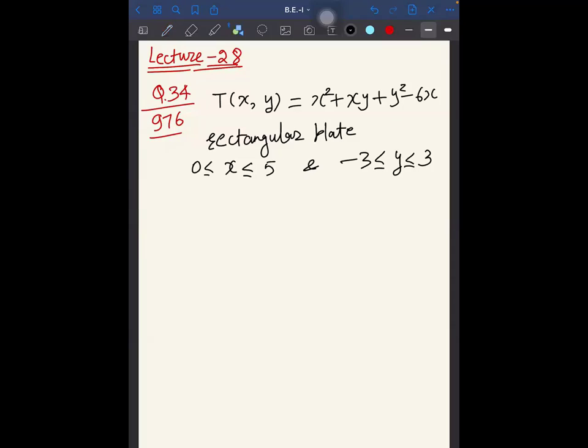So first of all, let's plot the domain. Your x lies between 0 to 5 and y is from -3 to 3.